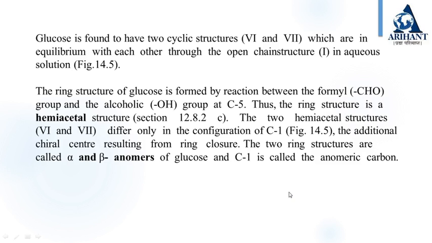Thus, the ring structure is a hemiacetal structure. The two hemiacetal structures differ only in the configuration of C1, the additional chiral center resulting from the ring closure. The two ring structures are called alpha and beta anomers of glucose, and C1 is called the anomeric carbon.